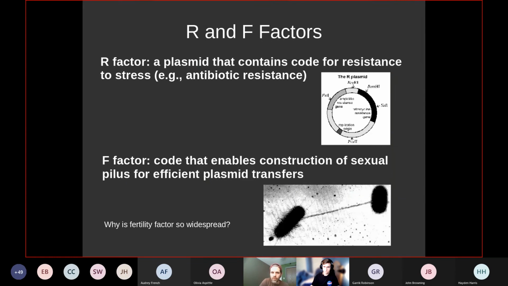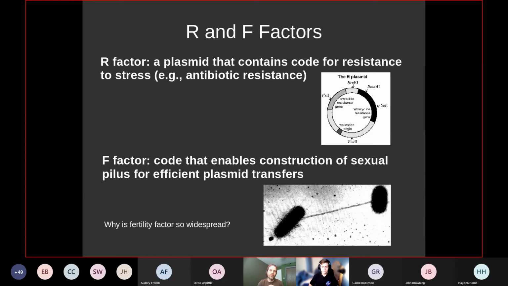But when we look at the sorts of stuff that are being passed around horizontally, laterally between prokaryotes, bacteria and archaea, the book talks about these two big ones in particular, because these are the ones that spread rapidly through any population of bacteria. Okay. And those are the R and F factors. An R factor is just some DNA code that gives you resistance to something.